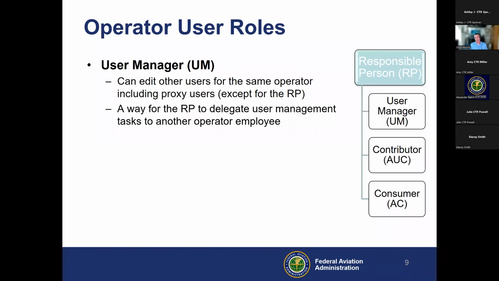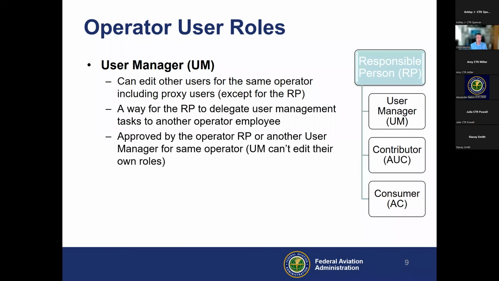So if they will let one of the employees become a user manager, they can delegate that to the user manager. And that way they have someone else in the company that can take care of those activities. You can have multiple user managers if you want. The user managers are approved by the RP. So the FAA doesn't get involved in that, which is great.